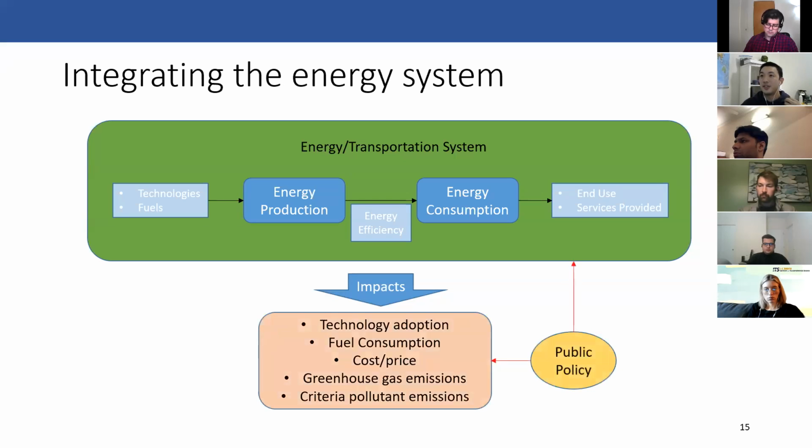And of course, the relationship of public policy with the impacts of that system can be a feedback mechanism back into the system itself. So if, for example, you want to reduce greenhouse gas emissions, your public policy can be used to leverage the system itself to change those impacts. And so that's what this diagram is showing.